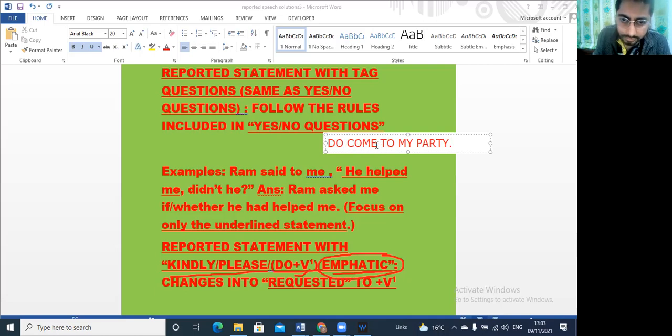Come is here verb 1. Do come, do plus verb 1 is used here. Do come to my party. Emphatic represents the compulsion or the work which we have to do because of polite request. Actually, a kind of strict polite request.